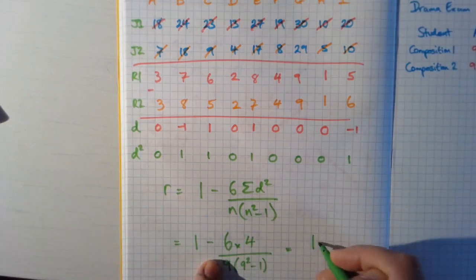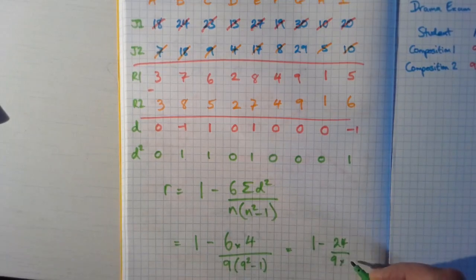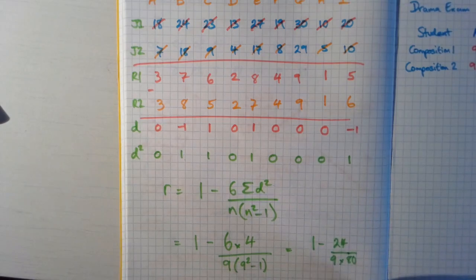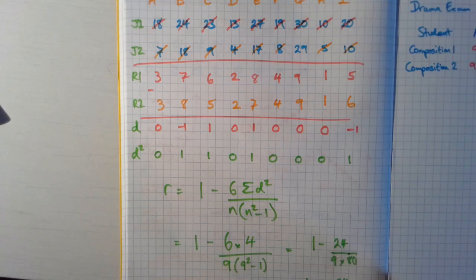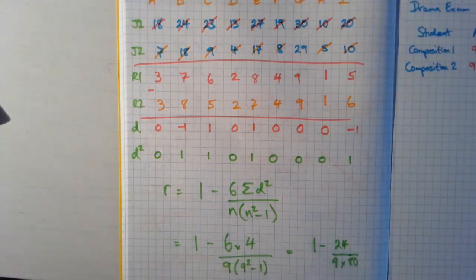So this is 1 minus 24 over 9 times 81, take away the 1 is 80. So this gives you 1 minus 24 over 720.